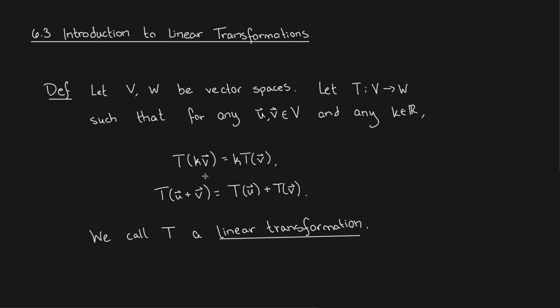What we're saying is that if we have a linear transformation, it doesn't matter if we scalar multiply a vector before the transformation or after the transformation. It doesn't matter if we add two vectors together before we transform them or after we transform them.